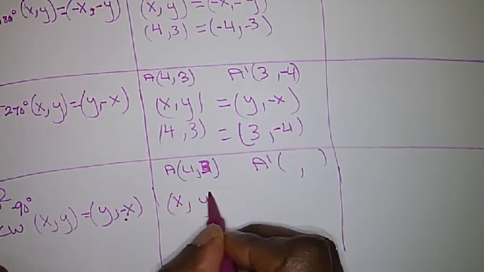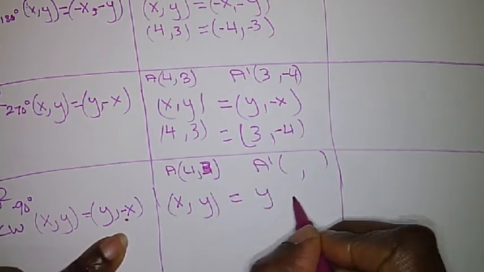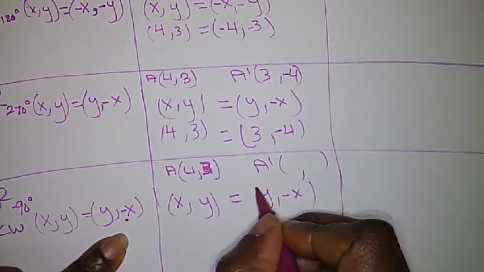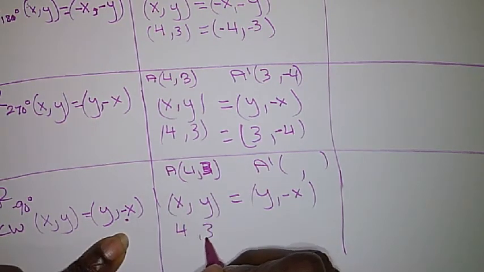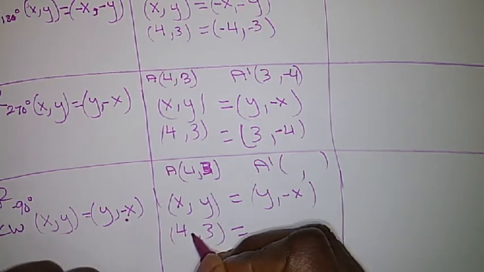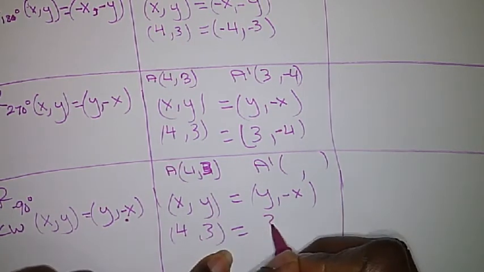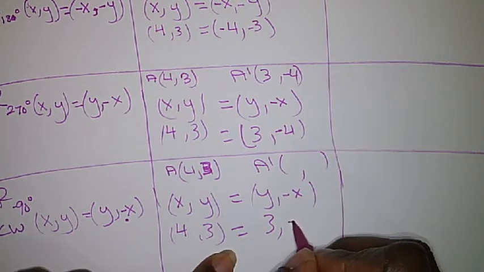Again, I'm going to write my rule: (y, negative x). I know my x value is 4, my y value is 3. So my y value is 3, and my x value now becomes negative 4.